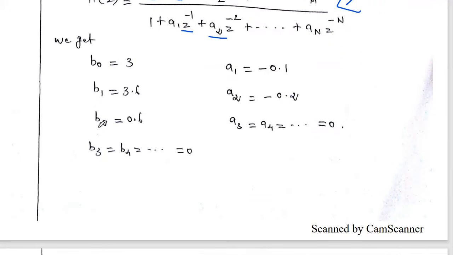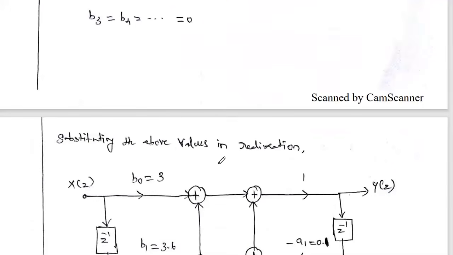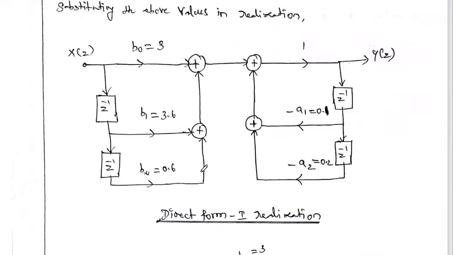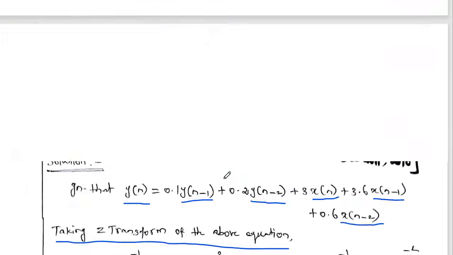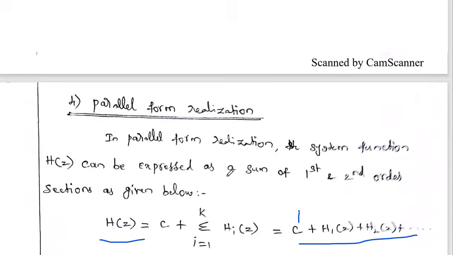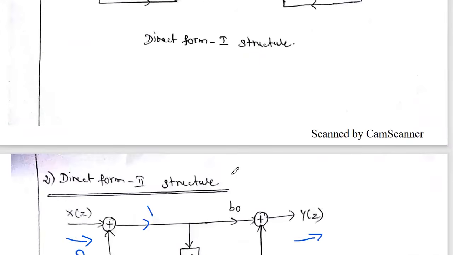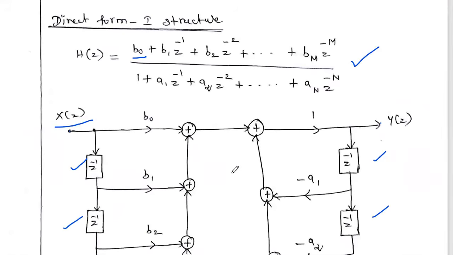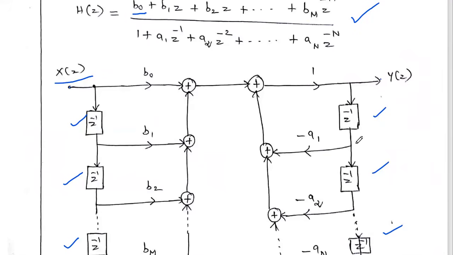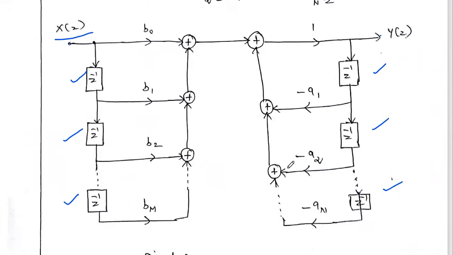Next, after calculating the filter coefficients, we have to draw the direct form 1 diagram. We already discussed the direct form 1 and direct form 2 diagrams in the previous video. This is the general form of the direct form 1 diagram. In it, you substitute the B0, B1, B2 values.